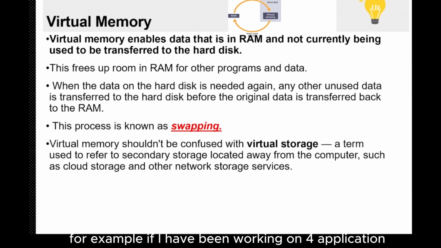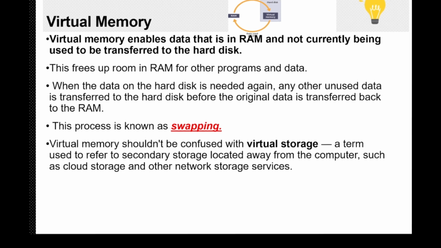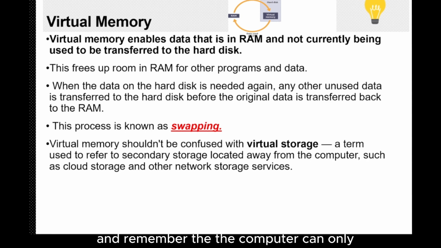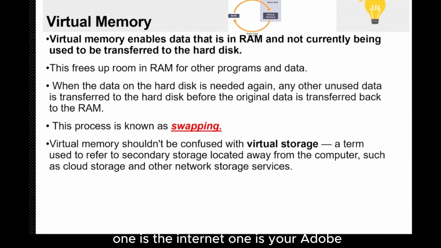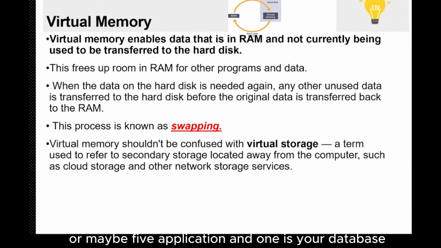For example, say I have been working on 4 applications, and remember the computer can only work on one application at a time. So I have 4 or 5 windows open: one is Word, one is Excel, one is the internet, one is Adobe, and one is your database.